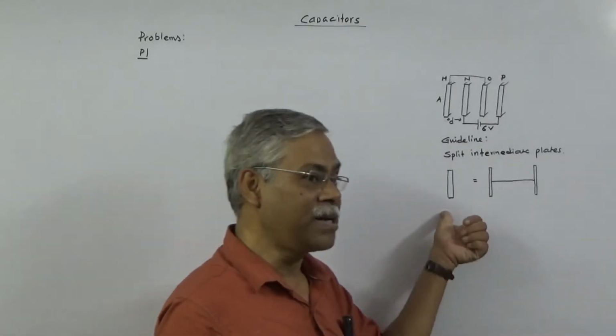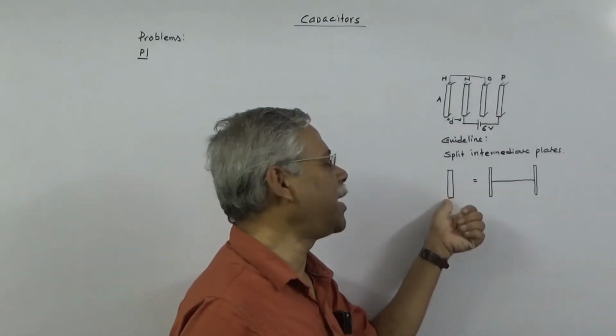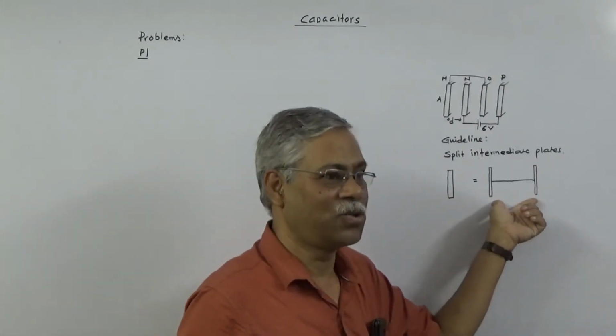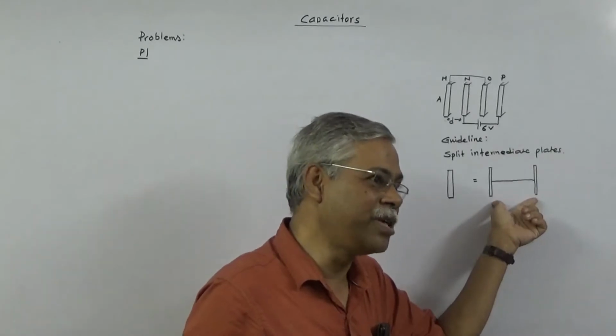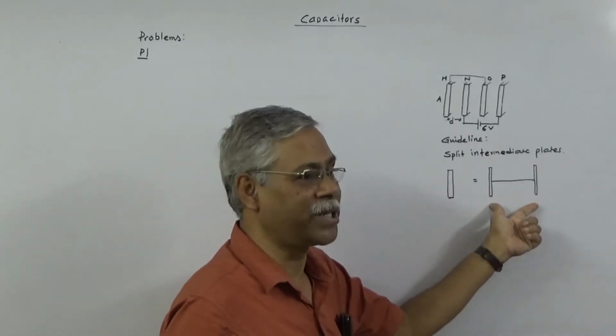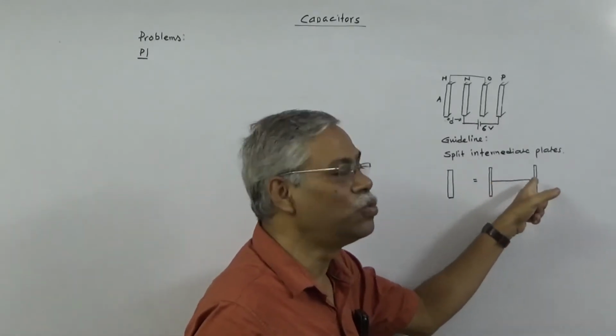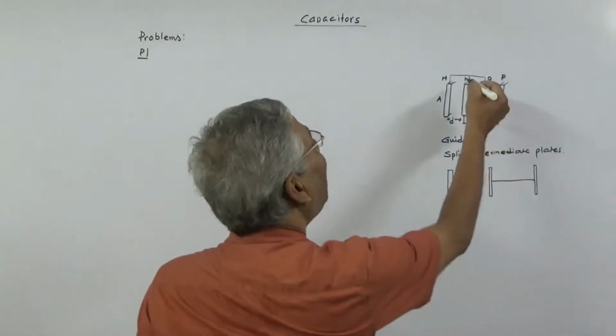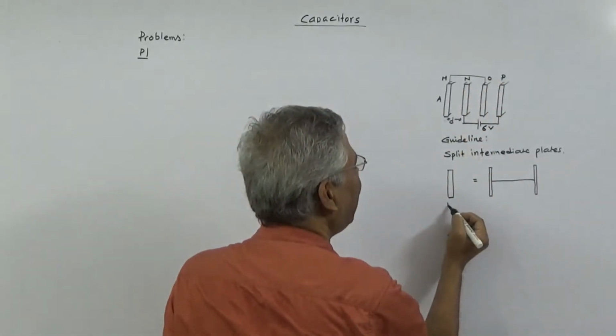Because this is a single plate, it has a unique potential. So these two parts also must have the same potential. To ensure that they remain at the same potential, I have connected these two with a conducting wire.